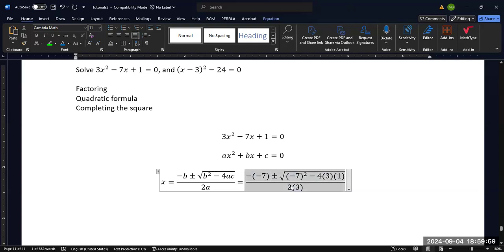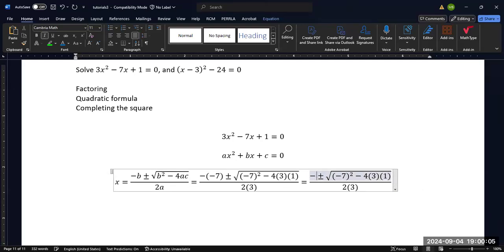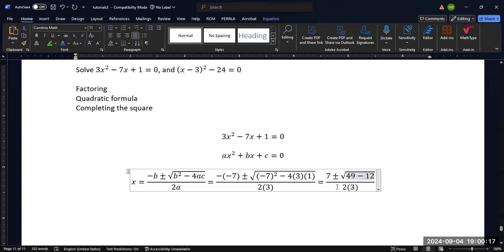So if I simplify, -7 times -1 basically is going to give me a 7. This -7 times -7 is going to give me 49. 4 times 3 times 1 is going to give me 12.